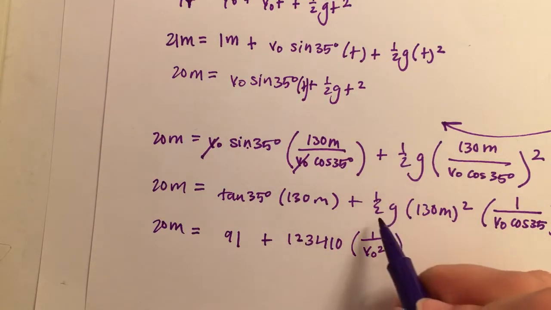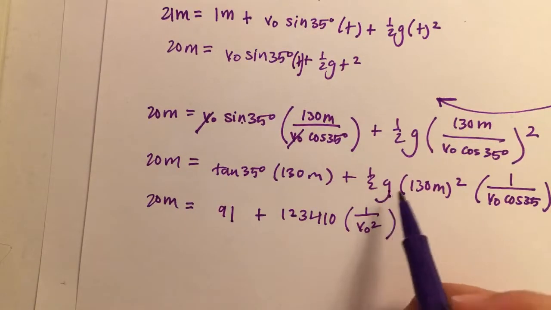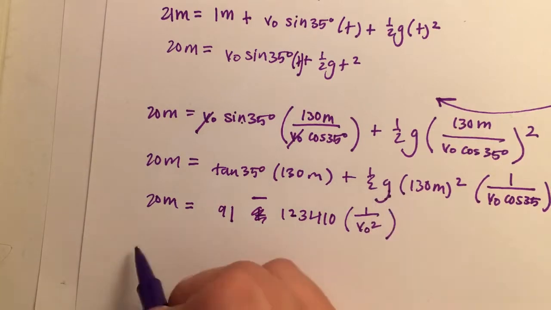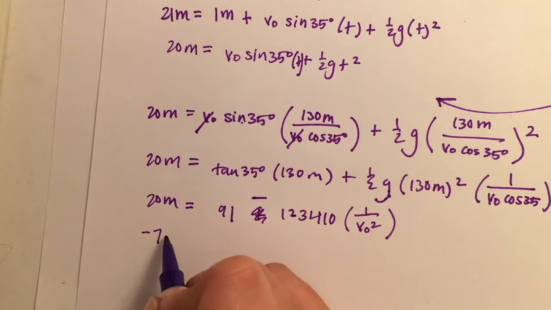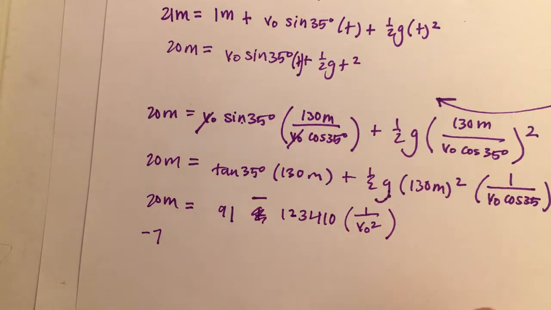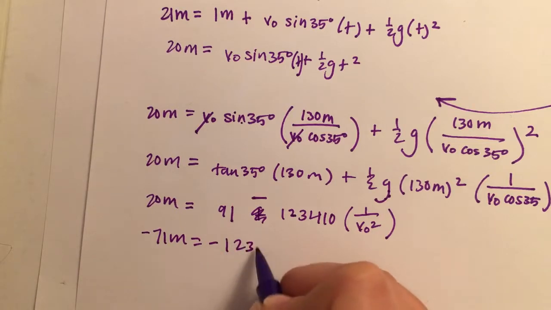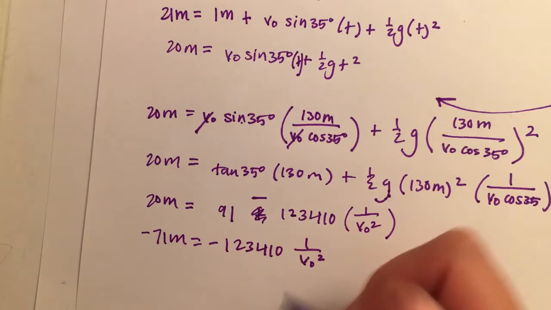Also, I just remembered I made this mistake when I was doing it earlier. Gravity is negative, so this is negative. You have to remember that. Very important, otherwise this will not work. So this will become negative 71 meters equals negative 123,410 over velocity initial squared.